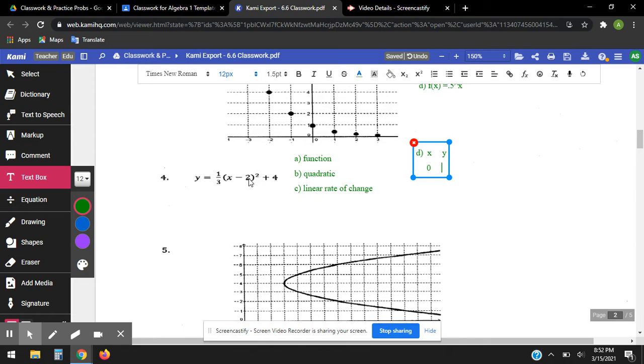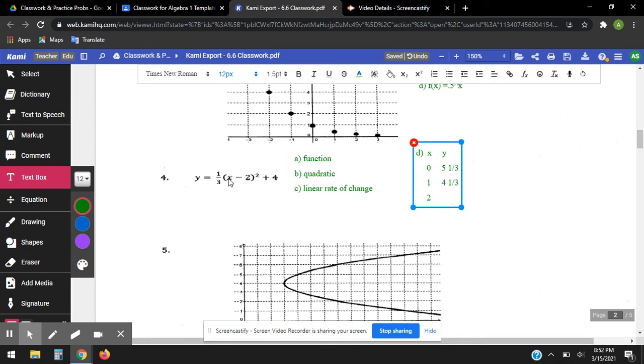Negative 2 squared is 4. 4 thirds plus 4 would be 1 and 1/3, so that'd be 5 and 1/3. That was kind of an ugly number. Let's try 1. So 1 minus 2 is a negative 1. Negative 1 squared is 1. 1/3 plus 4 is 4 and a third. That'd have been tough to graph.